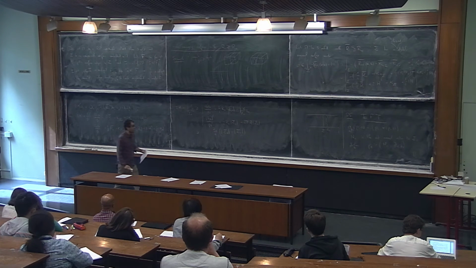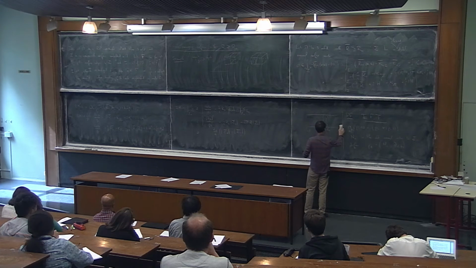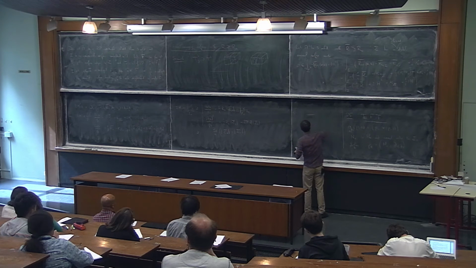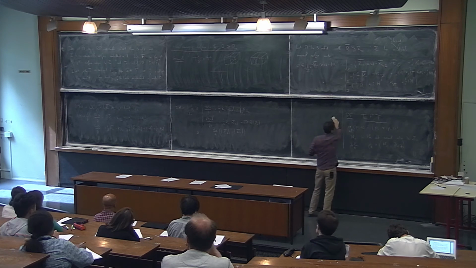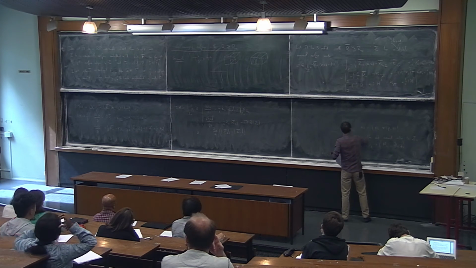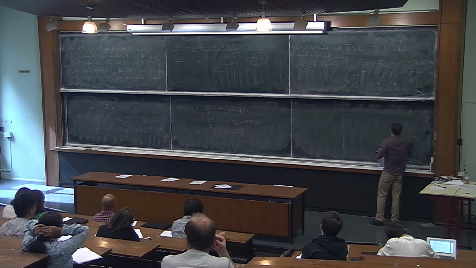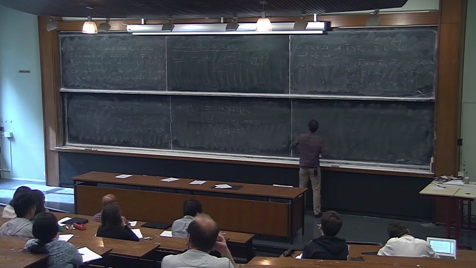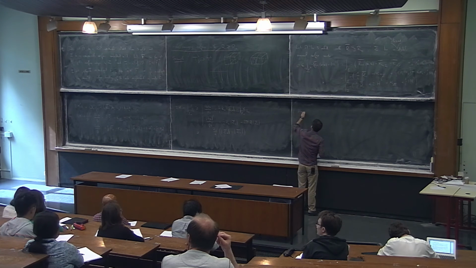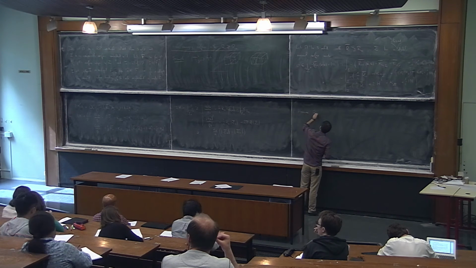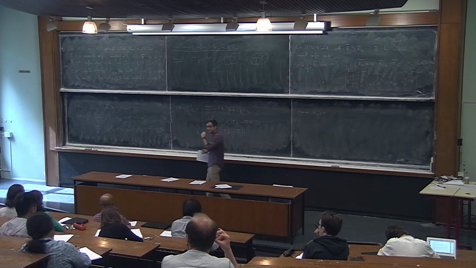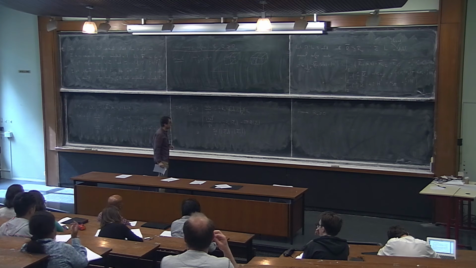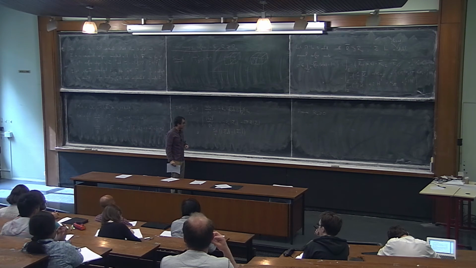So here there are two cases to study, and since I don't have time to look at all the cases, let me do the simplest one. So assume that we are in the case where R naught is non-negative. Okay.